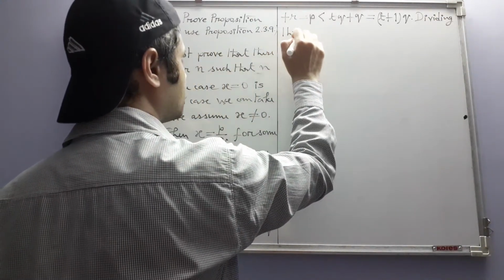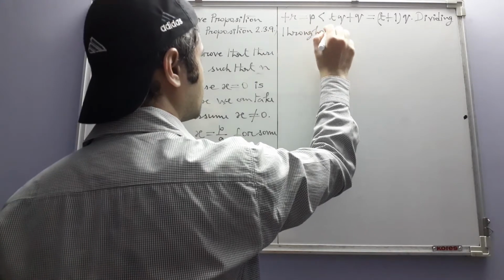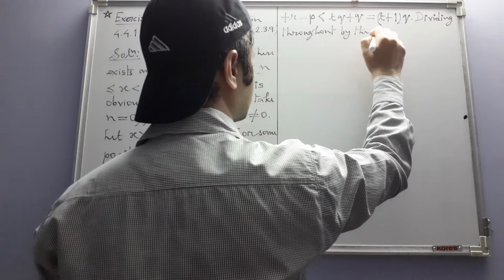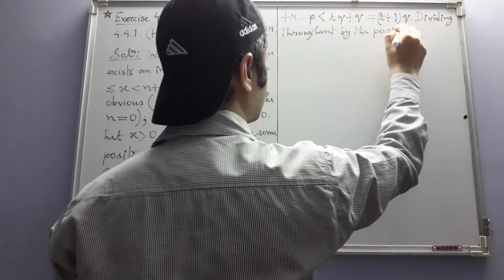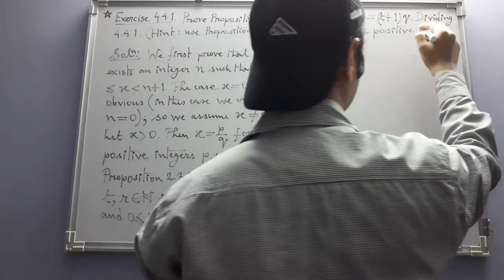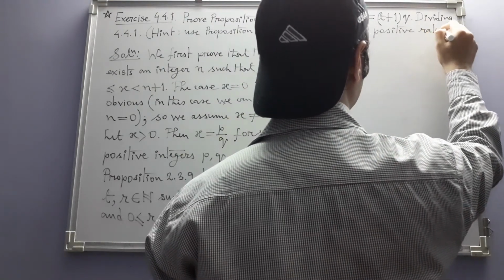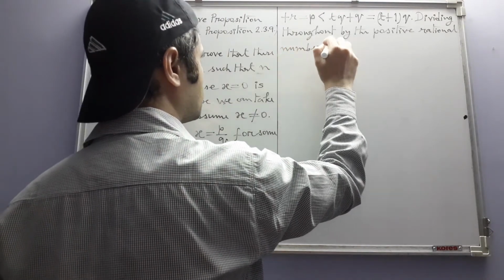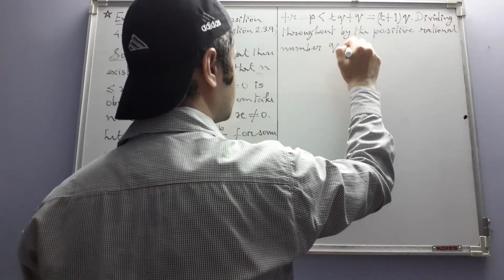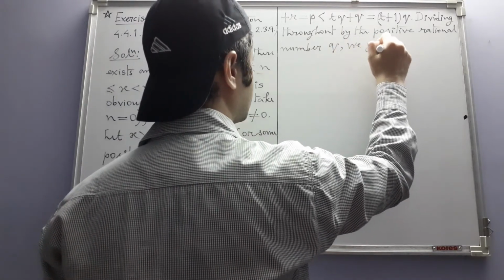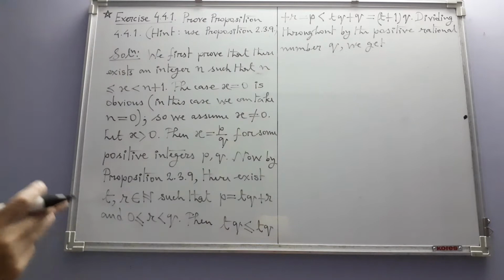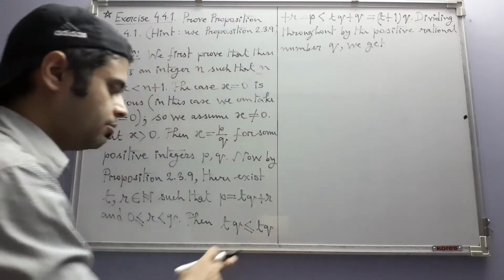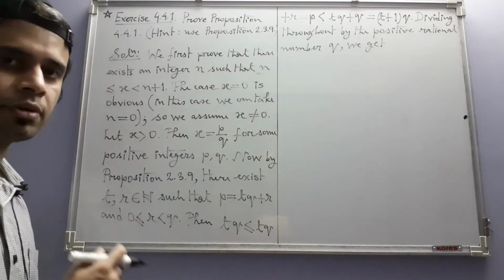Dividing throughout by the positive rational number q, q is an integer, but that is why it's also a rational number, and it is positive. So we can divide by q and the inequalities will not get reversed.